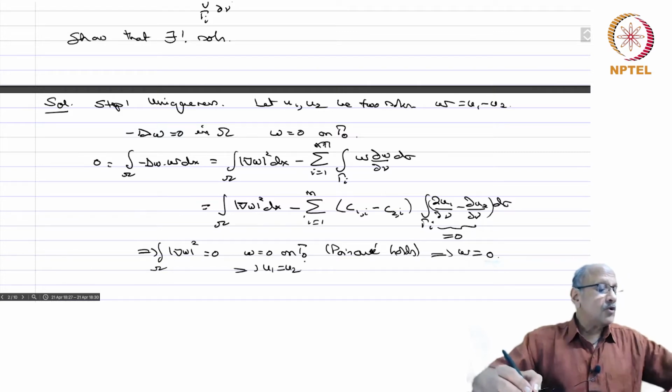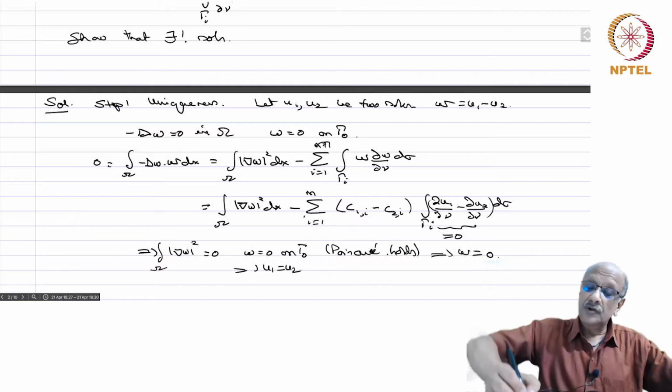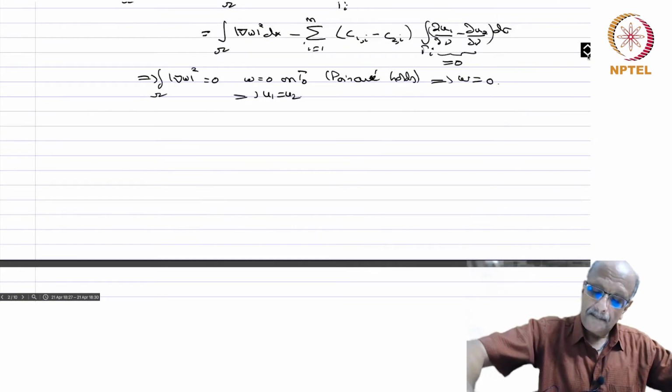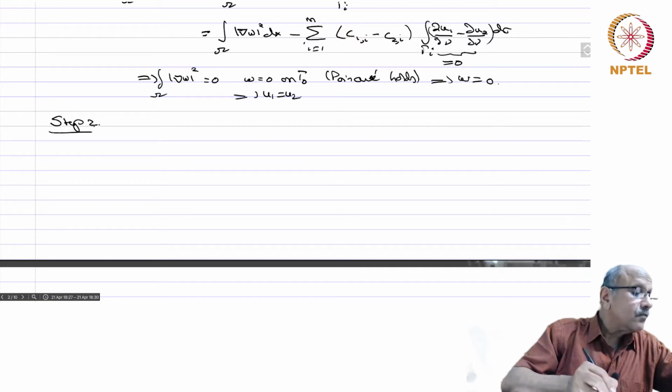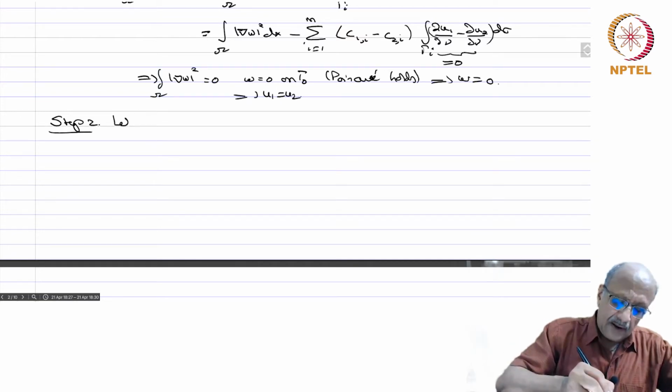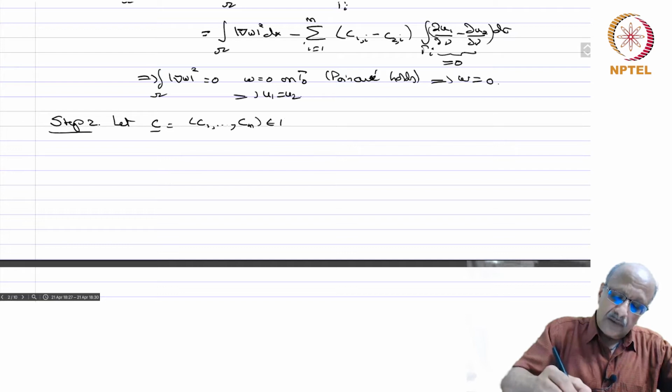So now we want to show the existence of a solution. Step 2. So let C equal to C1 up to Cm belong to Rm.